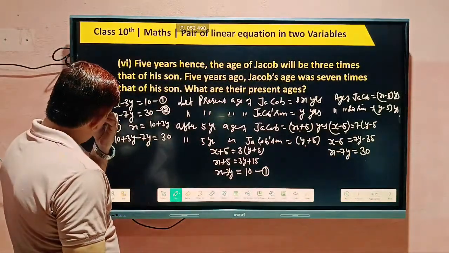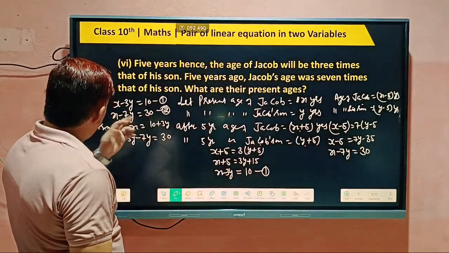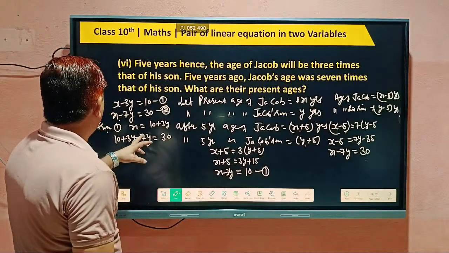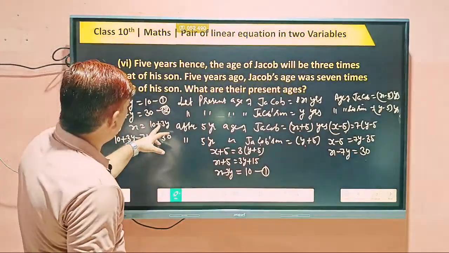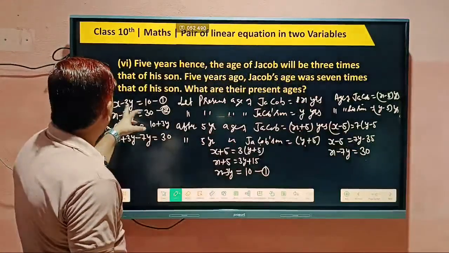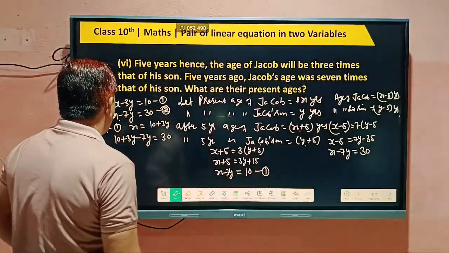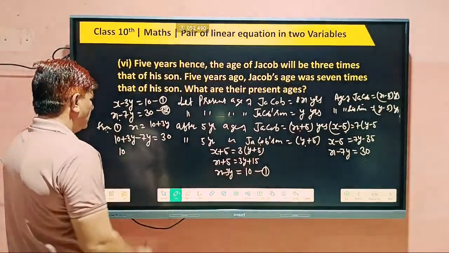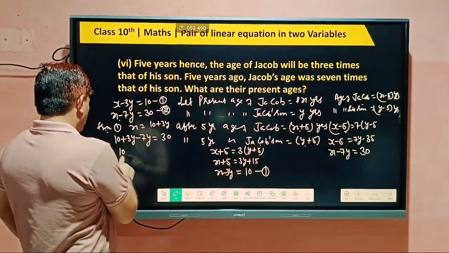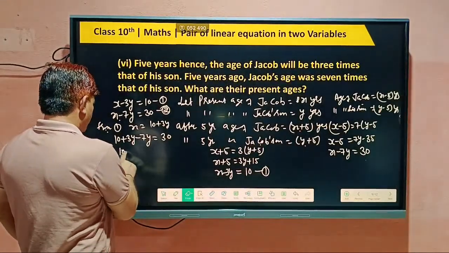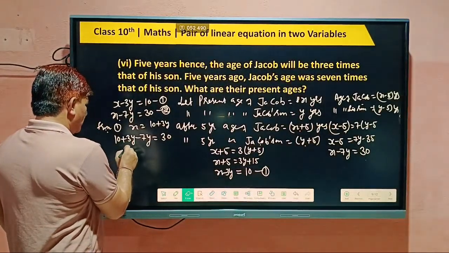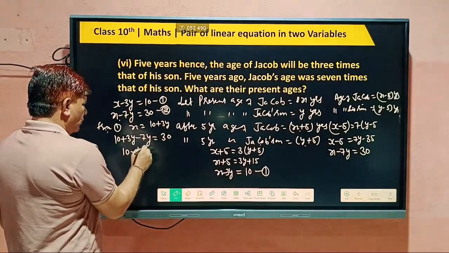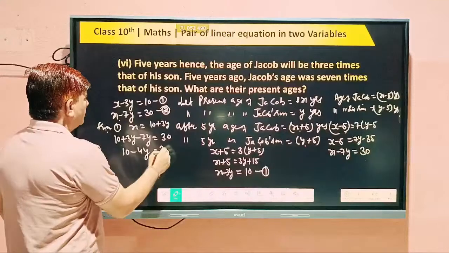x minus 7y equals 30. What's the value of x? x is 10 plus 3y. So what does it become? 10 minus 4y is equal to 30.